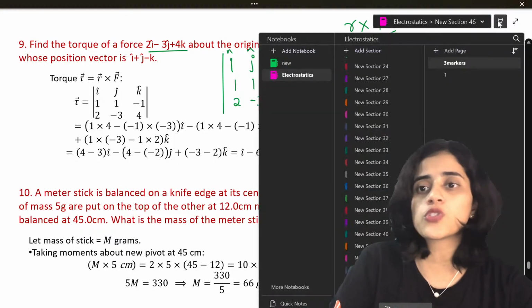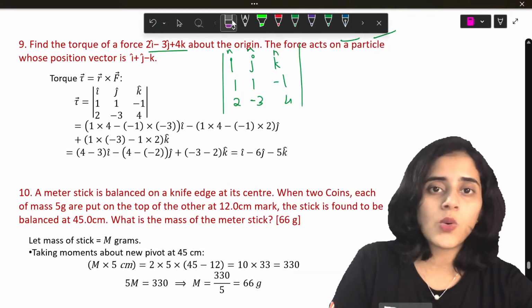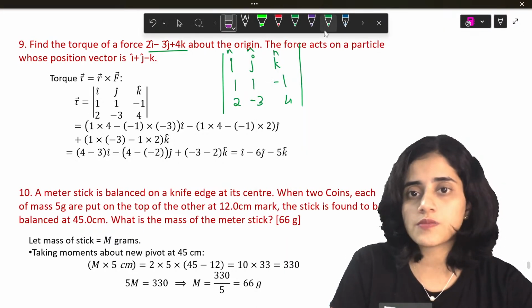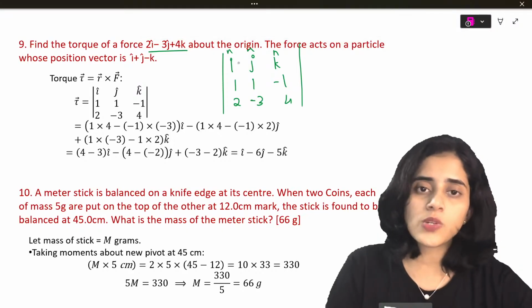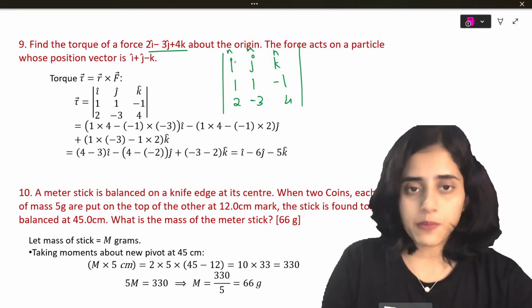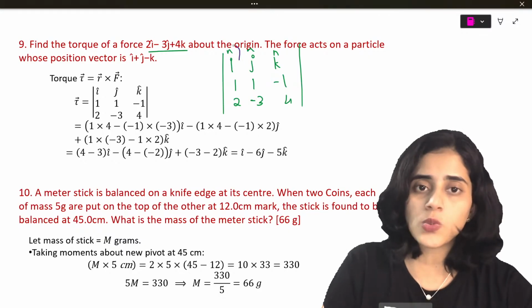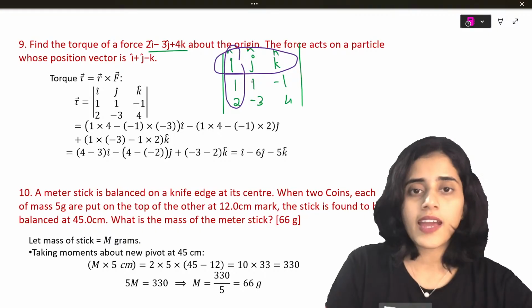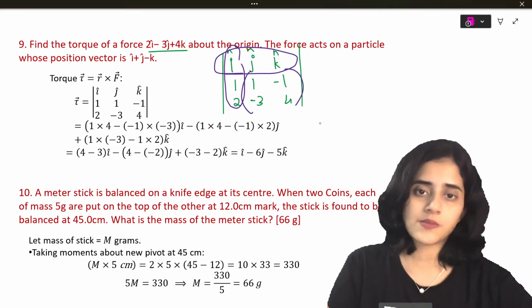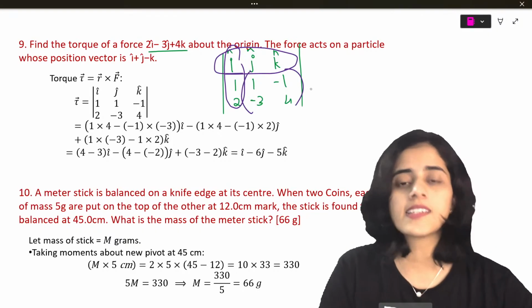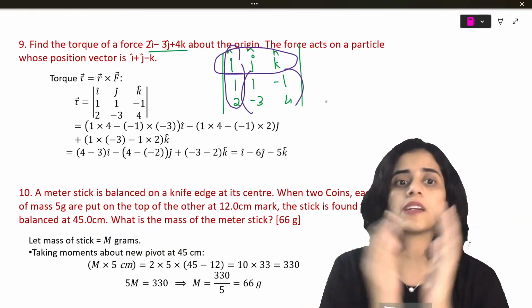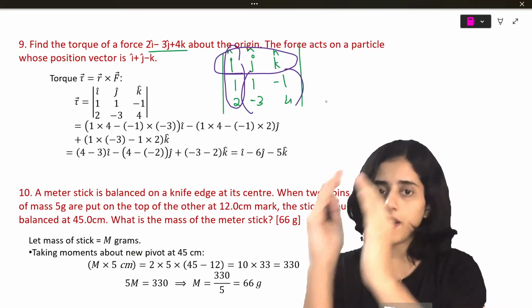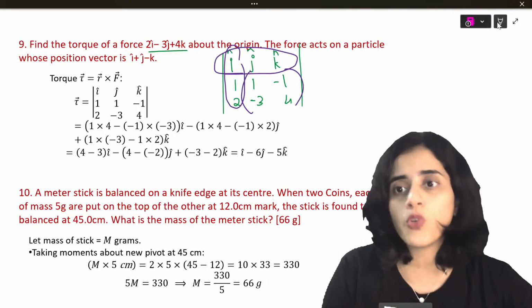Now, how are we going to solve it? So what I'll do is, first I'll take i cap. For i cap, I'll ignore the row and column that has i cap, and I'll take this matrix. I'll take the determinant of that matrix: 1, minus 1, minus 3 and 4.